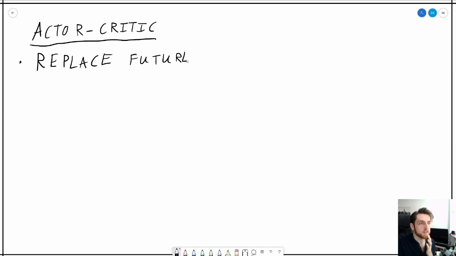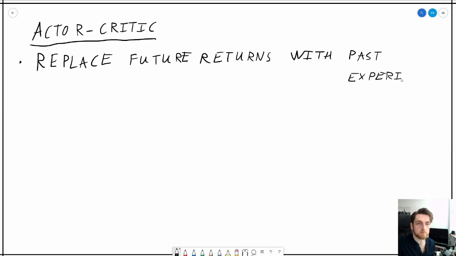By doing that, what we're essentially doing is replacing the future returns with our past experiences of their trajectories. This turns out to be actually exact, and you can do this quite easily.